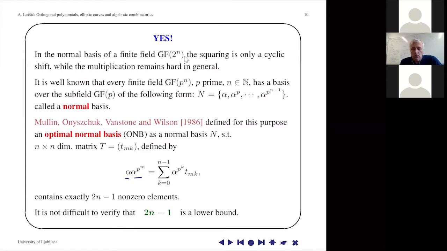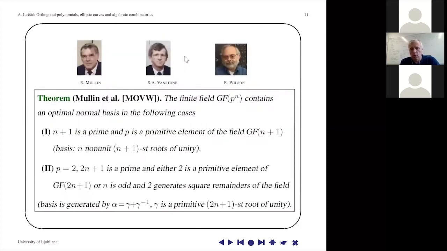And it turns out that the lower bound for that is 2n minus 1. That's kind of an easy homework, so I'll let you do it, of course, after the lecture. And now the question was, are there any normal bases that reach this lower bound?